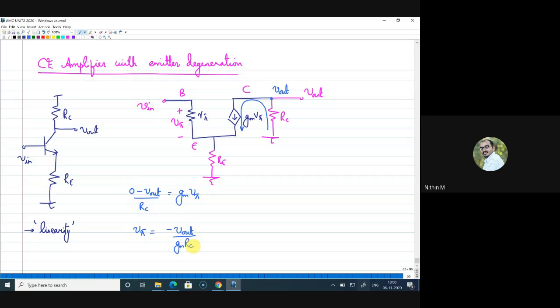Now, when we look at the circuit diagram, we also understand that there are two currents flowing through RE. One is a current coming from this side, gm V pi. Another one is this current that can be written as V pi by R pi also, right?